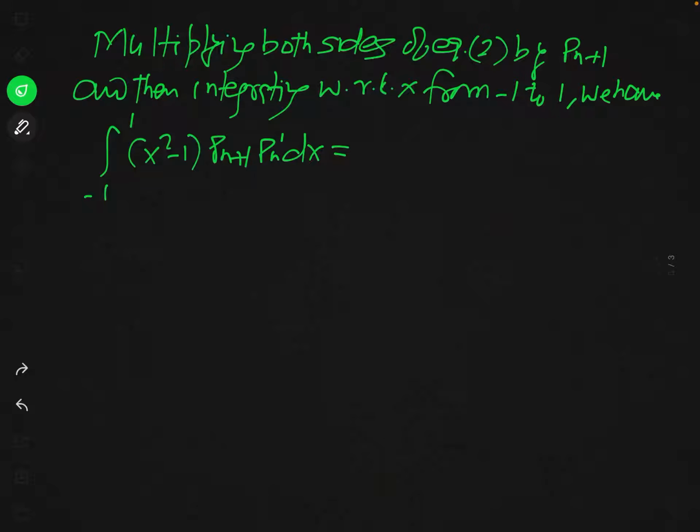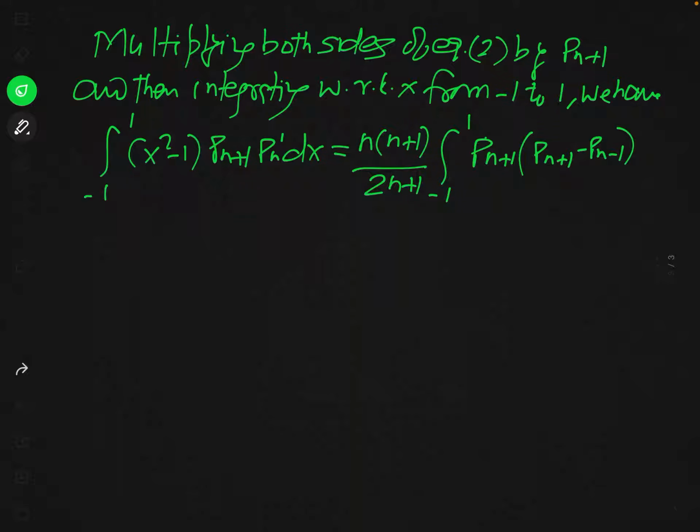So this will be equal to n into (n plus 1) divided by (2n plus 1) times the integral from -1 to 1 of Pn plus 1 times (Pn plus 1 minus Pn minus 1) dx.